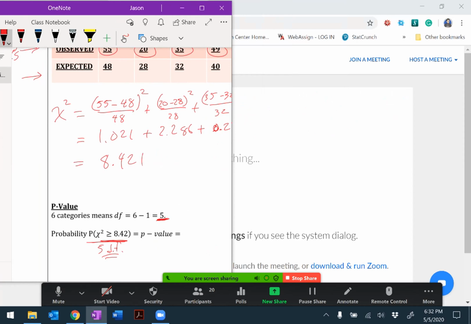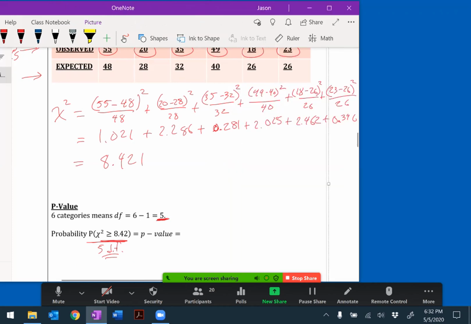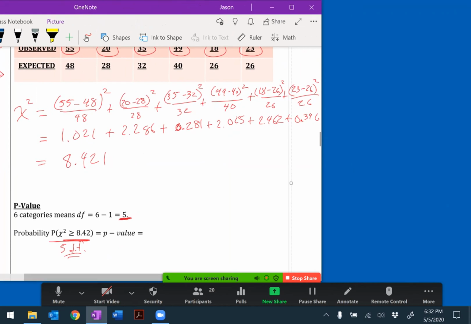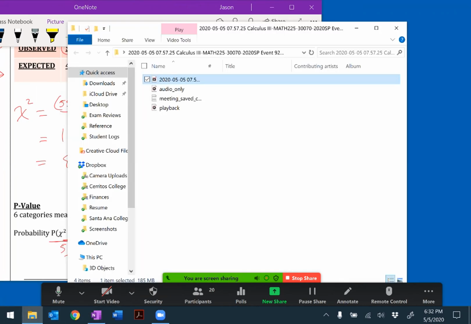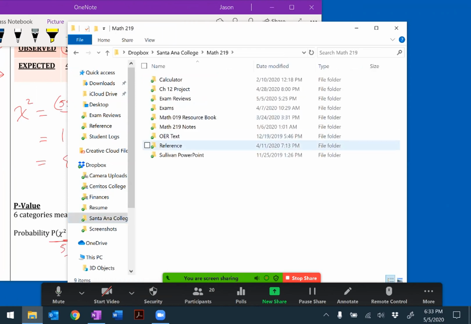Okay, where's my calculator? Calculator is in Santa Ana College, 219.